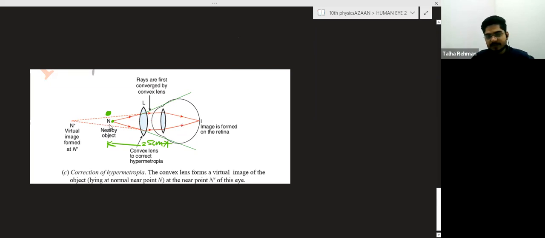The actual object is this, and here there is an image of this object. This image will work as an object for this eye lens, and the image can be formed on the retina. So this hypermetropic eye can see this nearby object clearly.